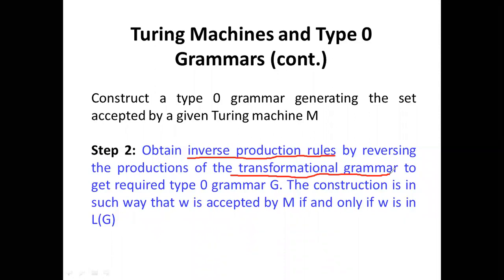Step 1 is to construct the transformational grammar, and step 2 is to invert the production rules by reversing the productions of the transformational grammar to get the required type 0 grammar.